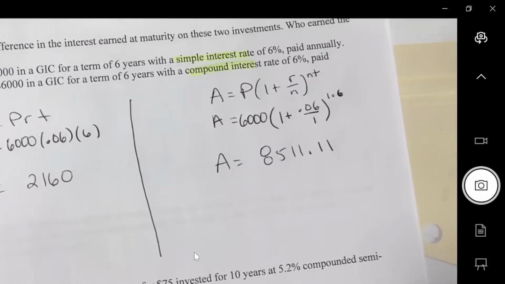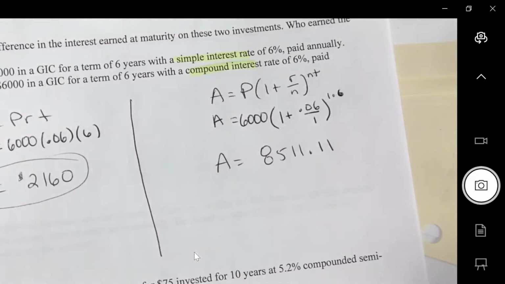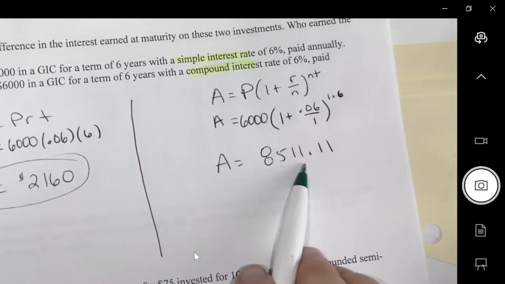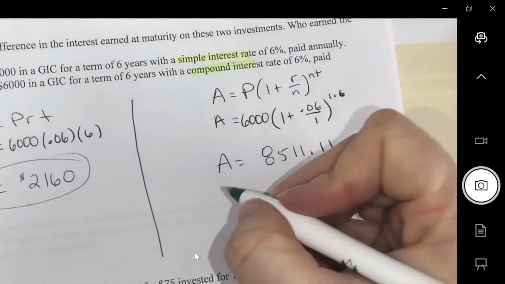Okay, I have a problem. Determine the difference in the interest. So here, that's the interest. This is the final, not the interest. Remember, the formulas are two different things. So this one gives interest, this one gives final.